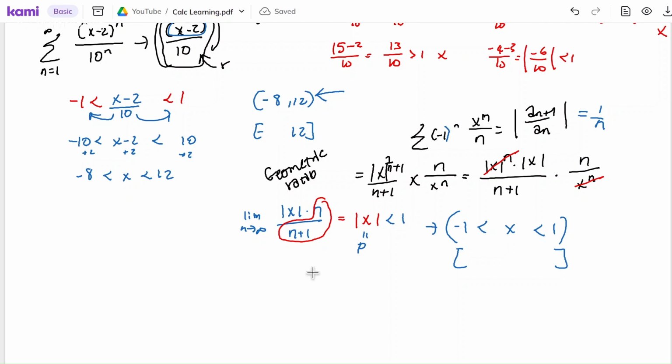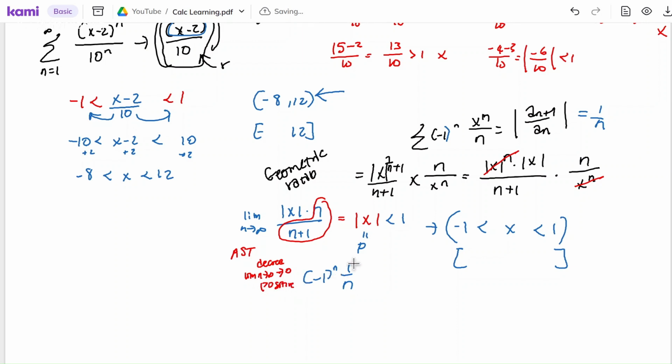1 over this, since it's alternating, passes the AST, the alternating series test. So it's decreasing, the limit as n goes to infinity equals 0, and it's positive.